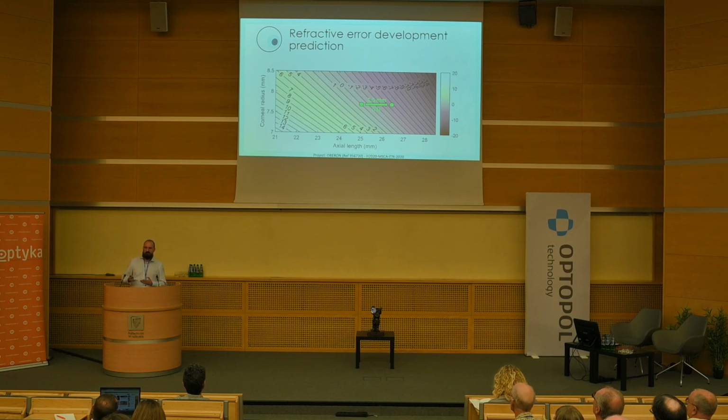If we could get some information about the patient, about their crystalline lens power, and a little bit about the position of elements in the eye, we can create a map, and from the current state of refraction of the patient, we can predict how much the axial length could grow from numerous articles, and how much will change in terms of refractive error power.